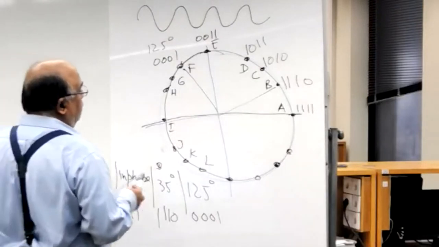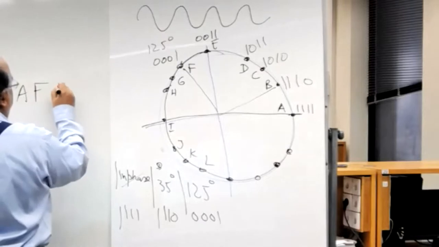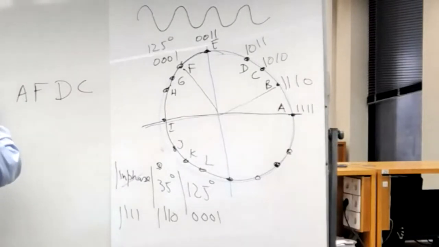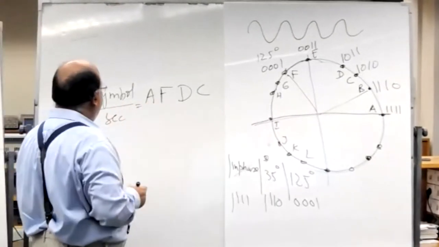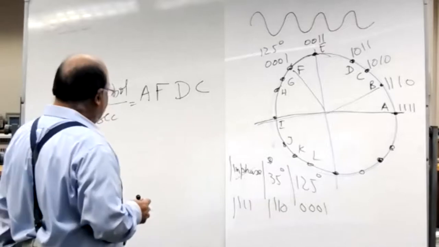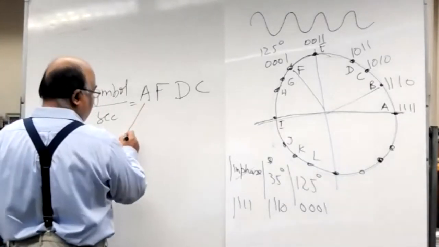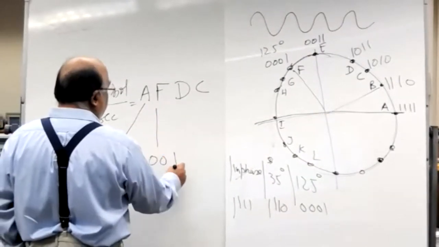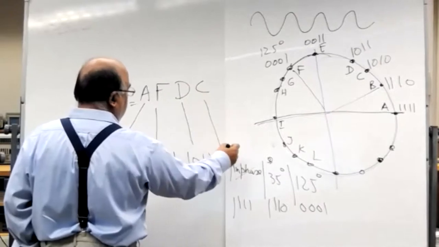Suppose in 1 second I sent 4 symbols: A, F, D, C. How many symbols per second? 4. How many bits? 16, because A means 1111, F means 0001, D means 1011, and C means 1010.